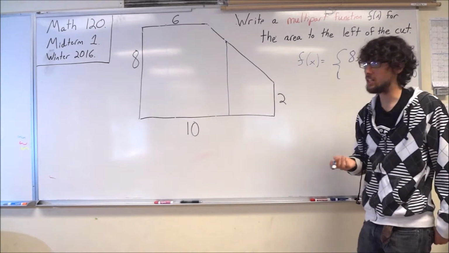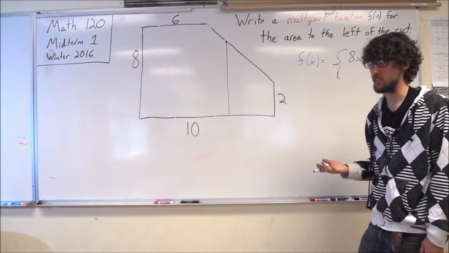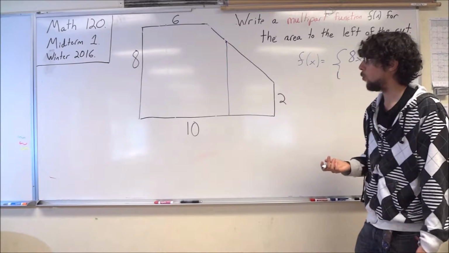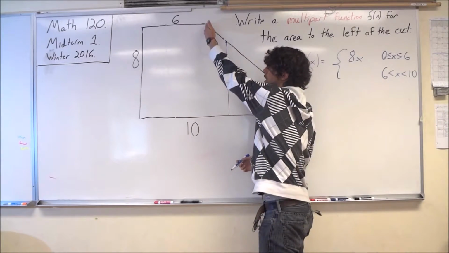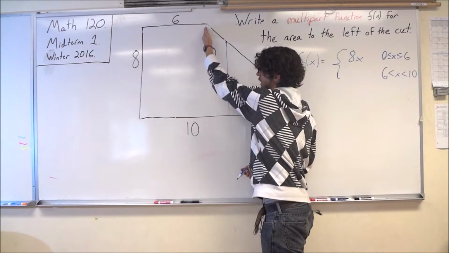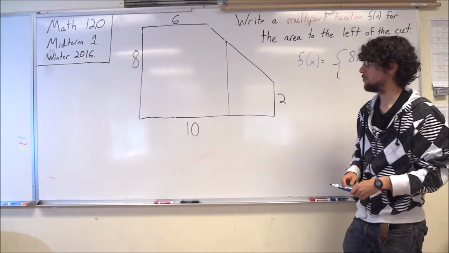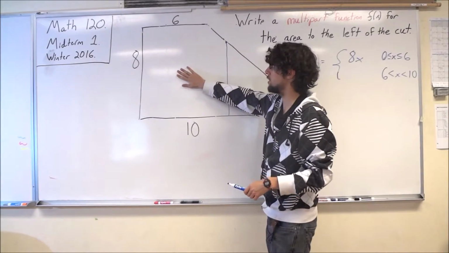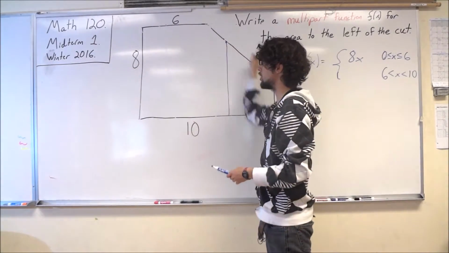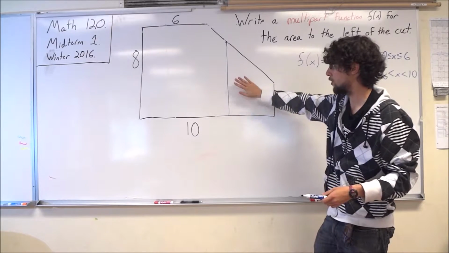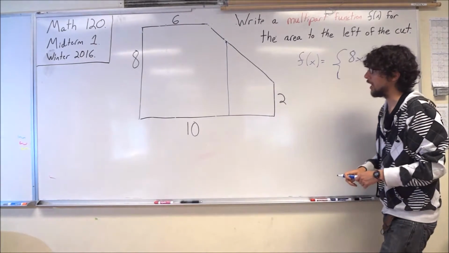You might find a variety of different ways to split this up into manageable shapes. One example might be to split this up into a rectangle and a quadrilateral here. Another example might be to say the area to the left of this cut is the area of the entire shape minus the area of this right-hand side.